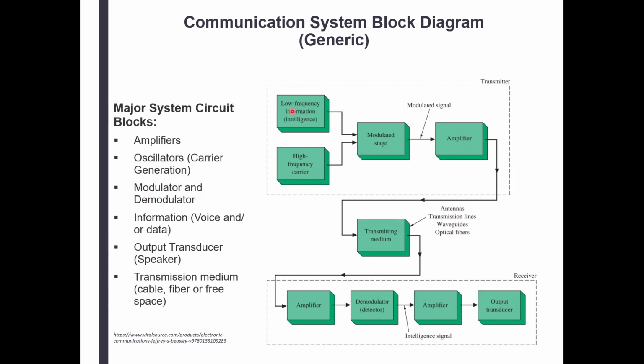We have a low frequency intelligence information and a high frequency carrier in one stage here. Now, in order for some communication systems to be channeled, like for example radio stations that provide our entertainment, news, and so on when you're driving in your car, those stations are on different channels.